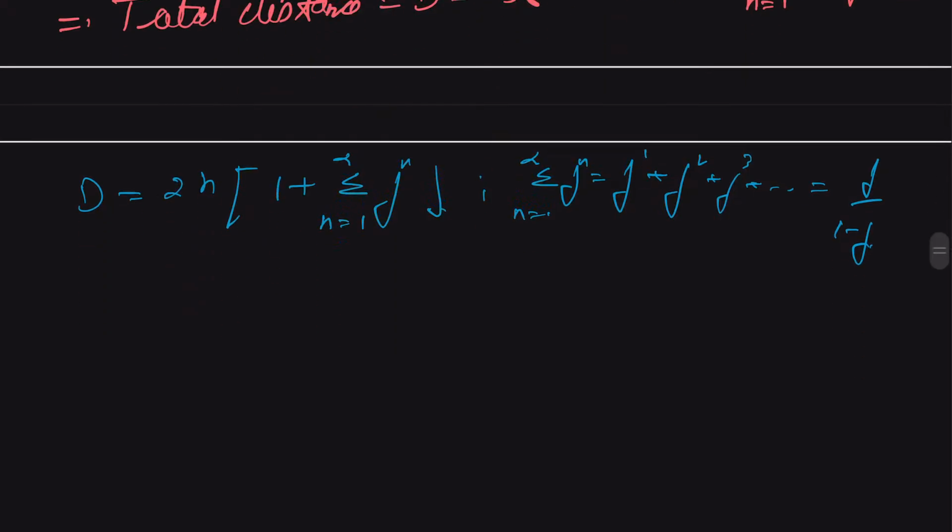Therefore, we get that our D will be equal to 2h times (1 plus f upon 1 minus f), and which we can solve. This will come as 2h times (1 minus f plus f) upon (1 minus f). So this is the total distance we traveled.